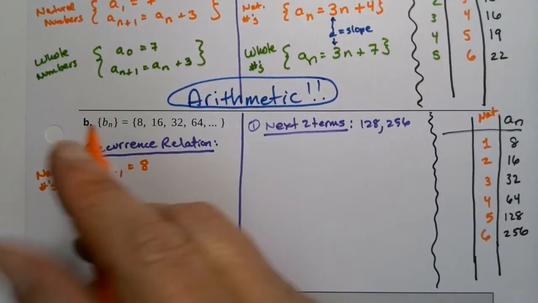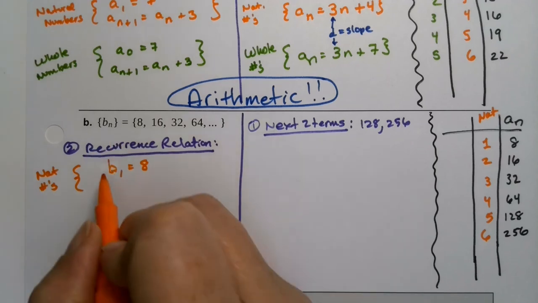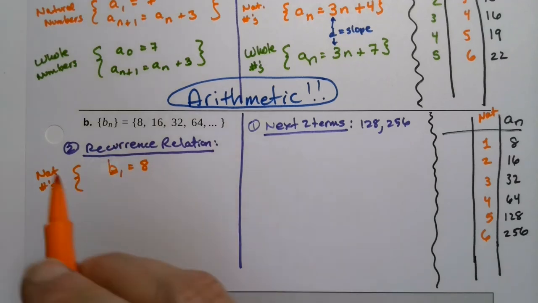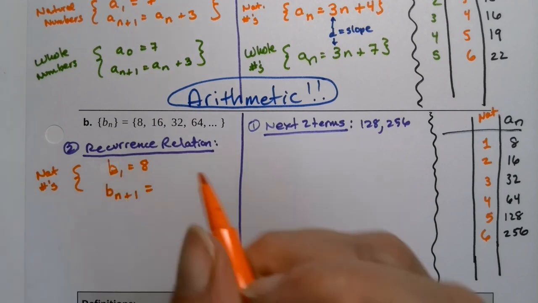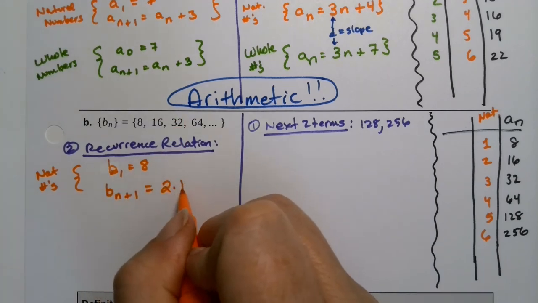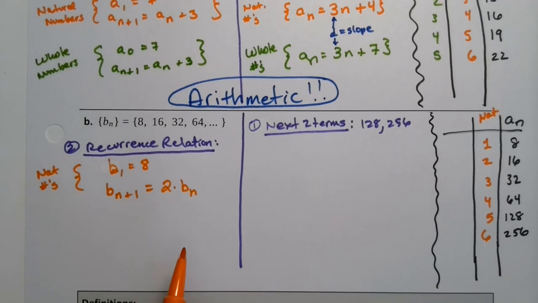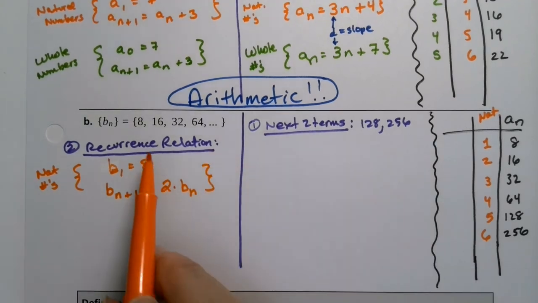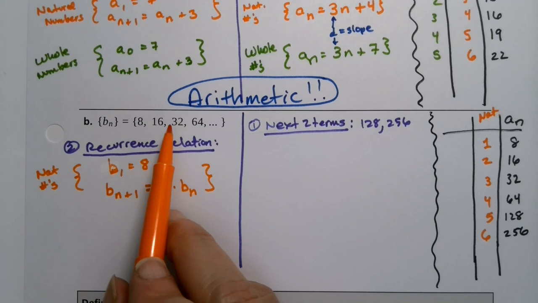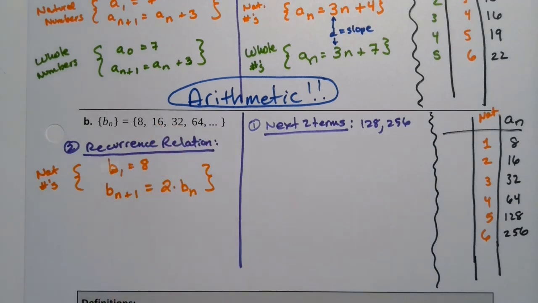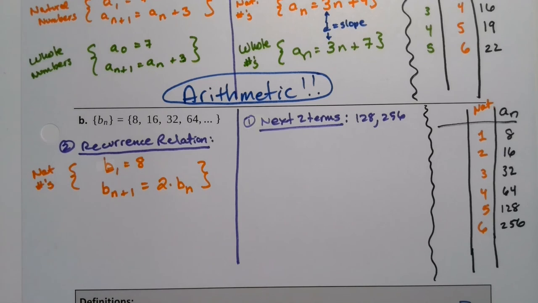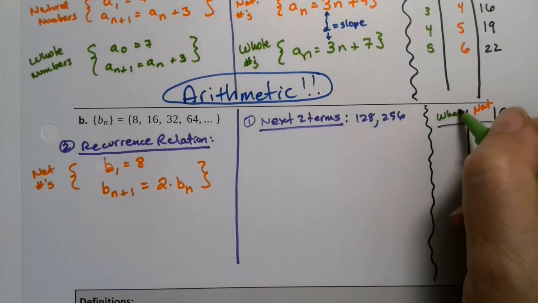We'll just change it to different letters. So b sub 1 is 8, and b sub n plus 1 is equal to 2 times b sub n. The recurrence relations on these are super easy. You just take the next number and multiply. To get that next number, you multiply by 2. Multiply by 2. Multiply by 2. Easy peasy. All right, what about the whole numbers? The whole numbers would start at 0.